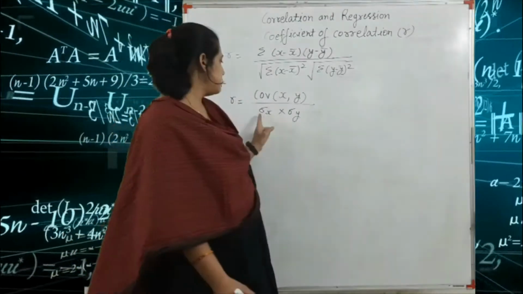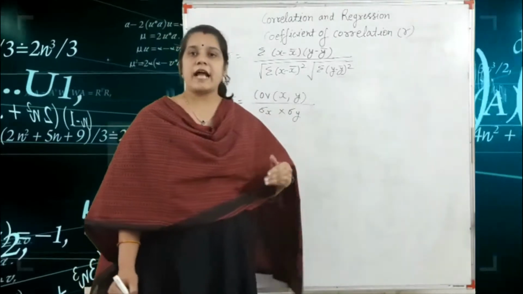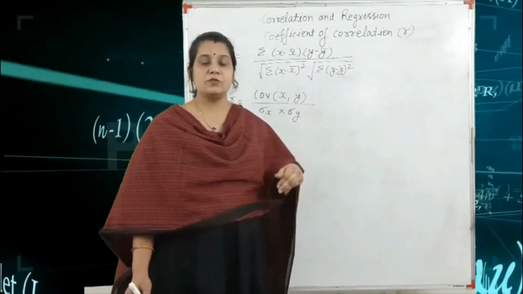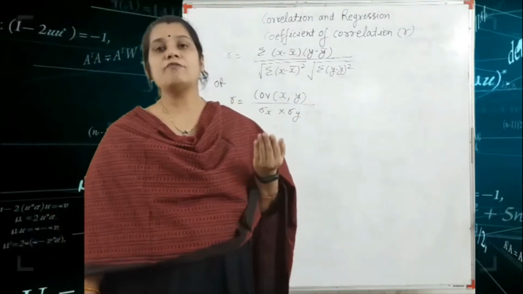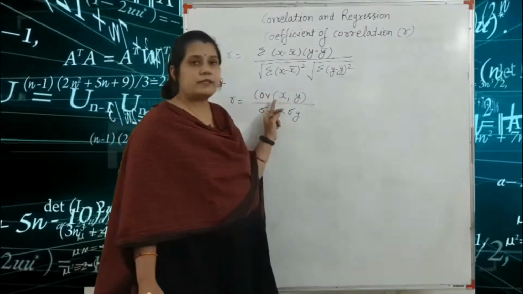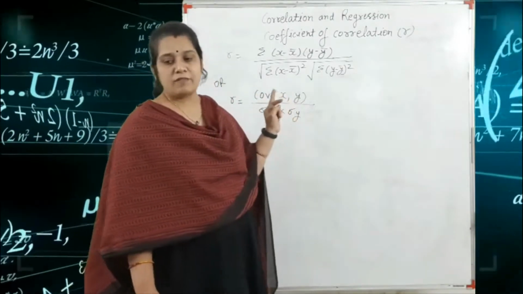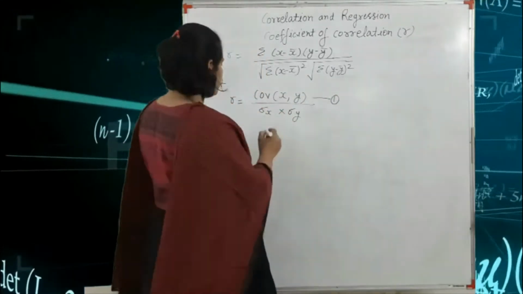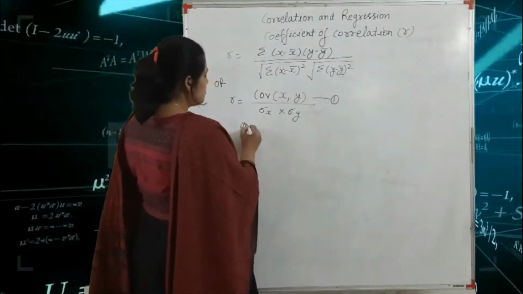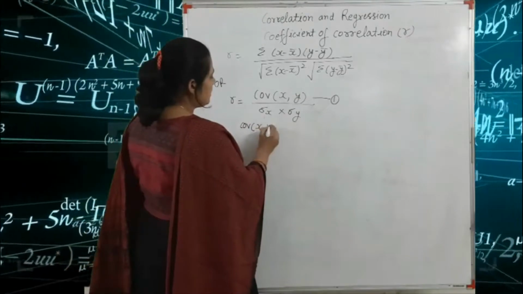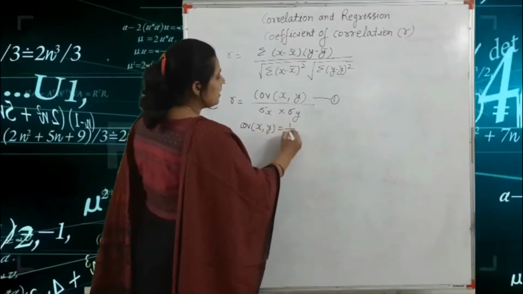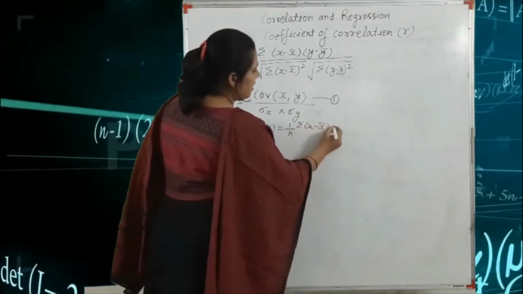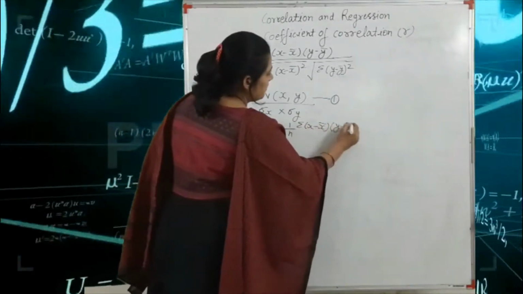So here covariance of x comma y, this is your first equation. The formula is 1 upon n summation (x minus x bar) into (y minus y bar).